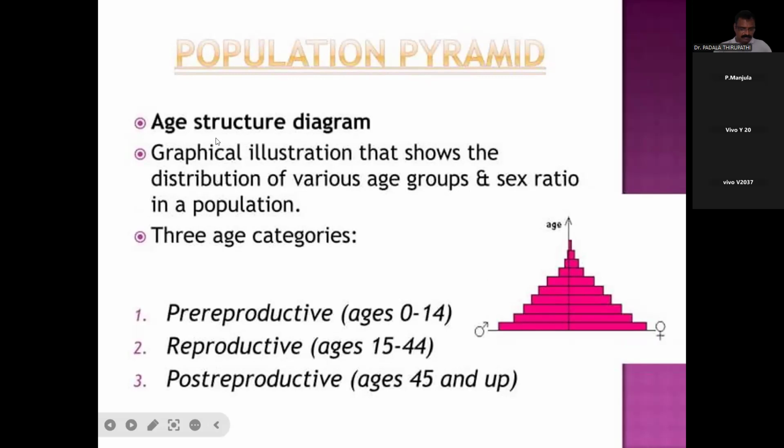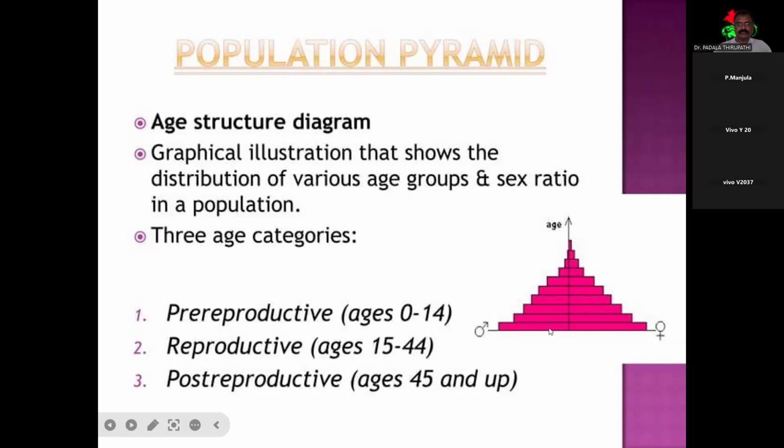The age structure diagram is a graphical illustration that shows the distribution of various age groups and sex ratio in a population. It is called the age structure diagram or population pyramid. Here the left side is the males, and the right side is the females.